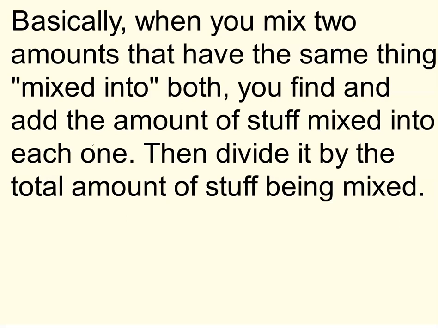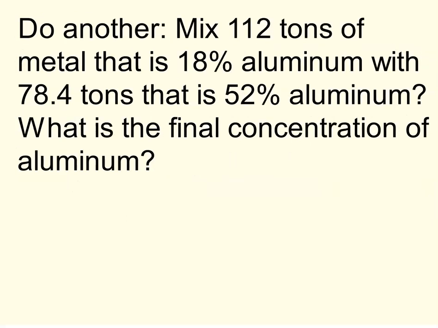Okay, so I think I've got another problem here we can look at. So let's do another one. I've got 112 tons of metal. That's 18% aluminum. And I've got 78.4 tons. That's 52% aluminum. And I want to know what's the final concentration of aluminum. Well, I think we can figure this out without diagrams now. Here's 18% of 112.